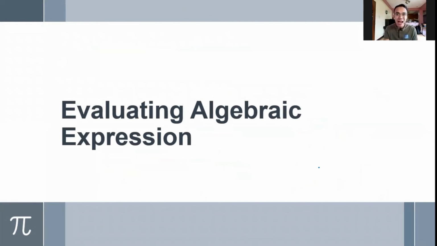So evaluation in mathematics is you simply assign a value to the variable involved in a certain algebraic expression, and then you simplify the resulting expression by applying the MDAS rule, and that's it. That's the value. That's evaluation in mathematics.